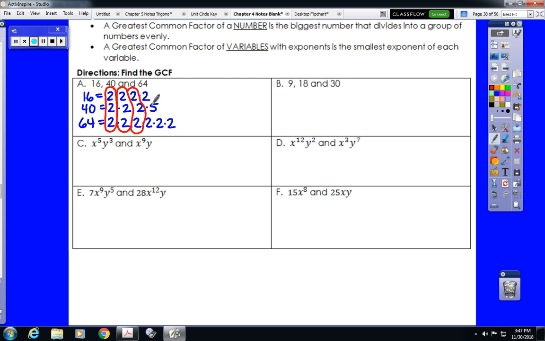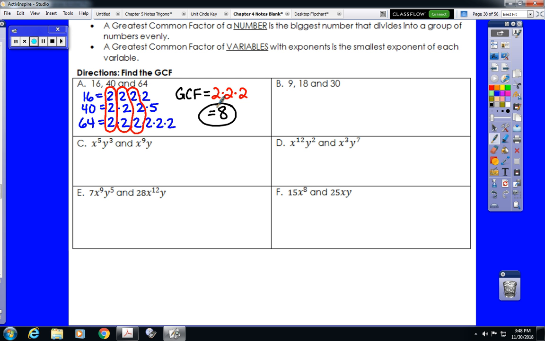We can't use this 5 either because neither 16 or 64 is divisible by 5. So our GCF for these 3 numbers would be the product of what I circled here. So we have a 2, another 2, and a final 2. So the GCF would be 2 times 2 times 2, or 8.